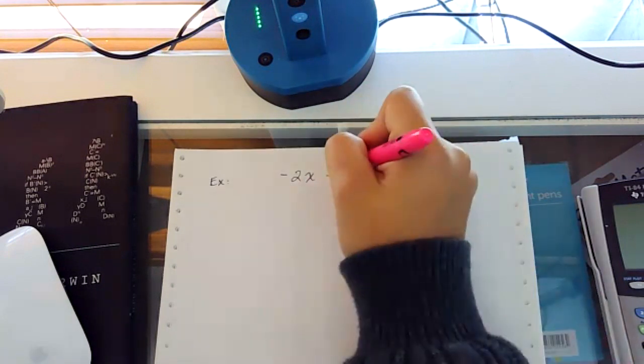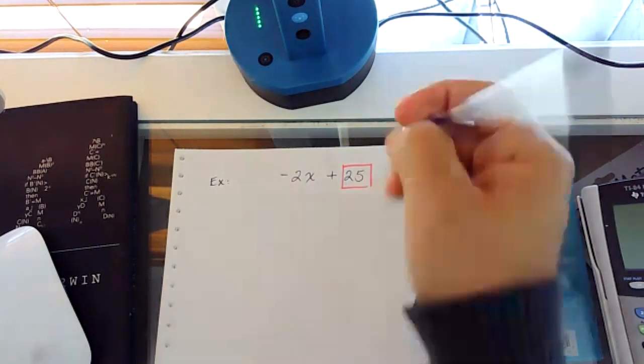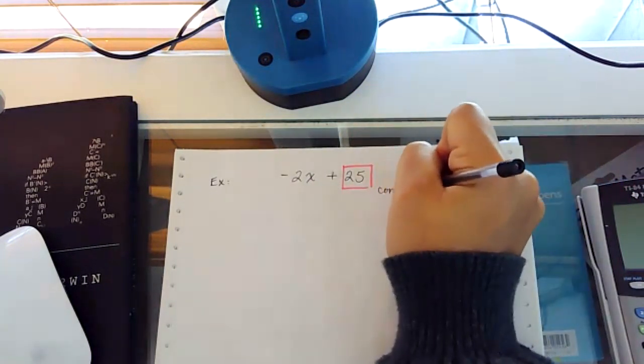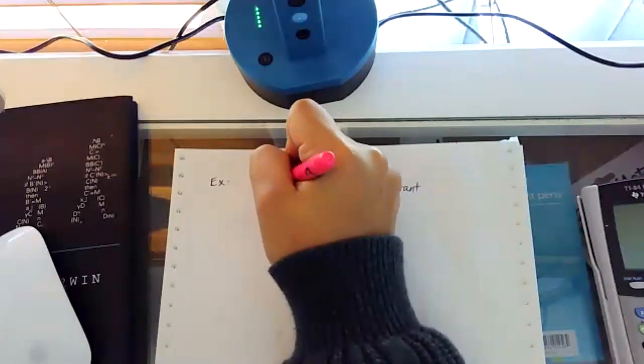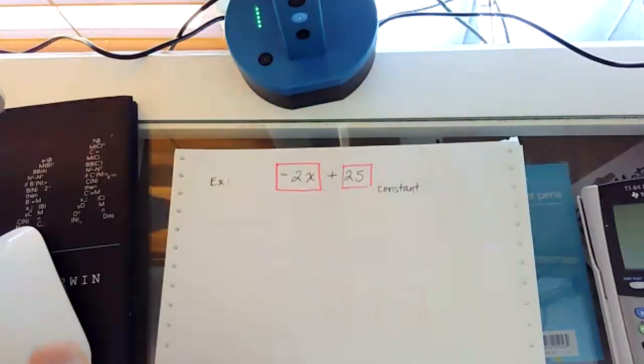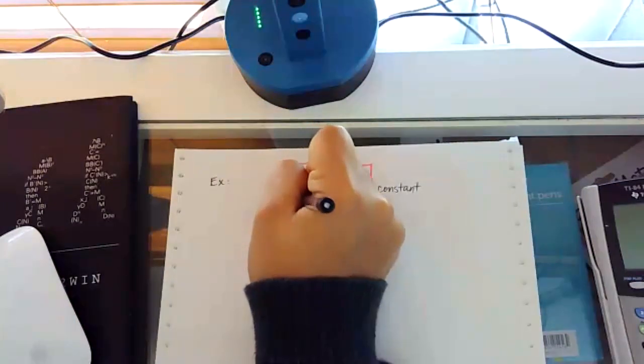So if I looked at this, I would say, okay, this guy doesn't have a letter attached to it, so I know that that's a fixed constant term. And we'll just call it a constant. For the variable term over here, that's the thing that's attached to the letter. We can label this as the variable term.